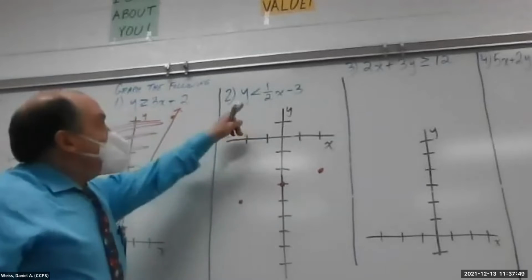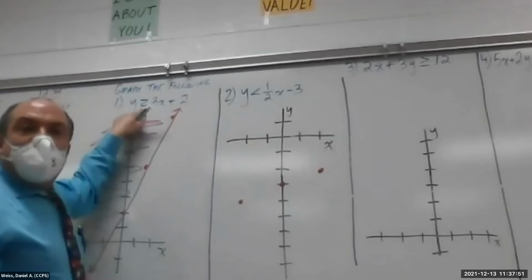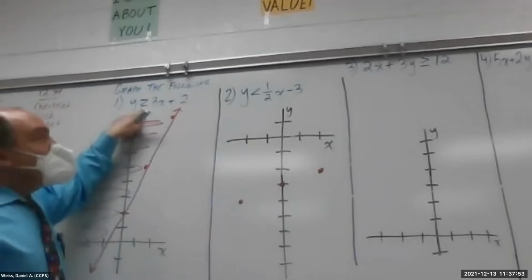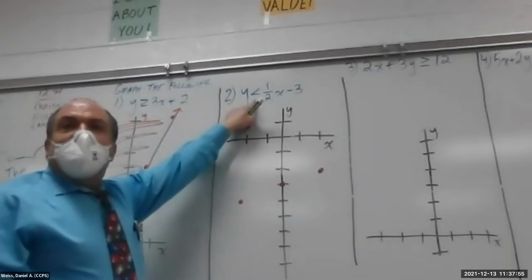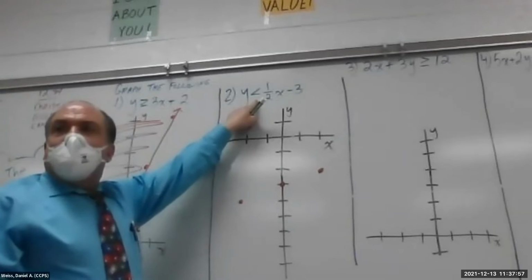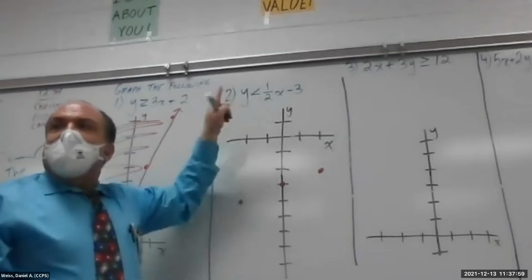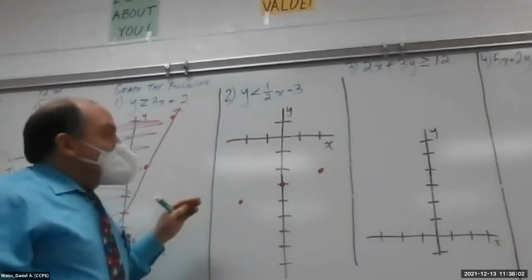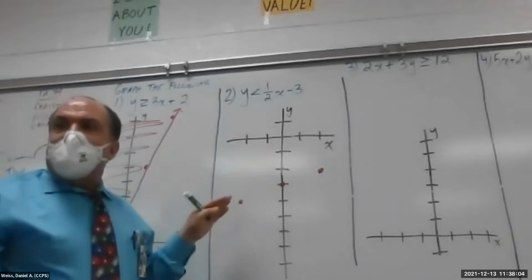Now, do you see how this one said greater than or equal to? This one says just less than. There's no equal to. Because it's not equal to, it's not a solid line.